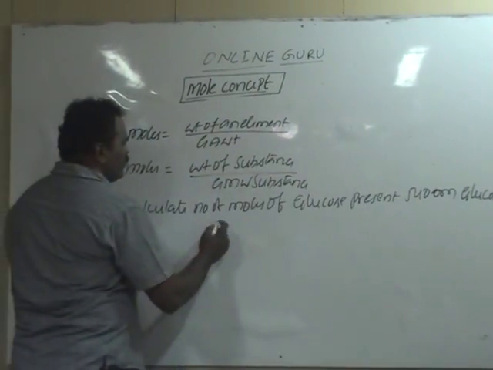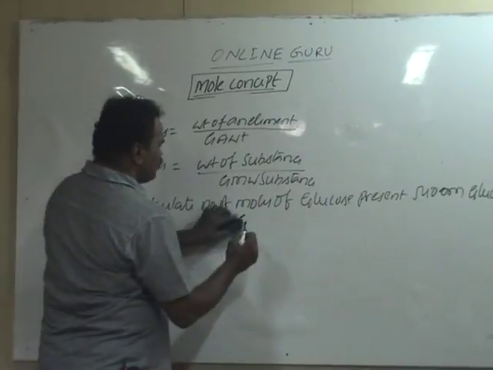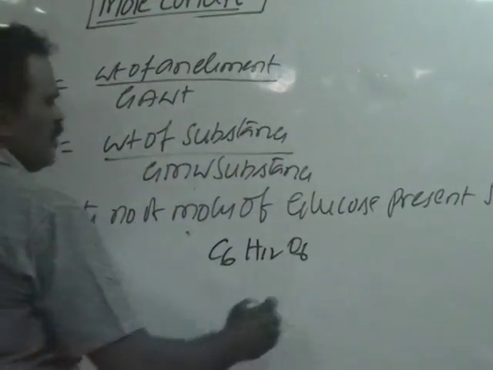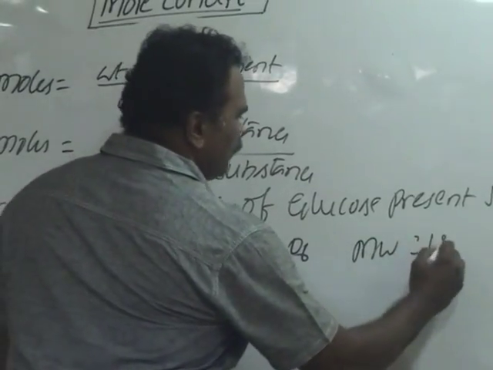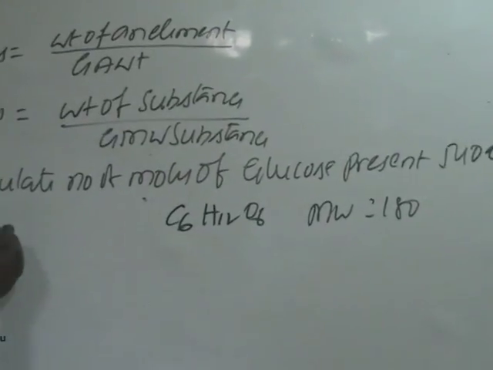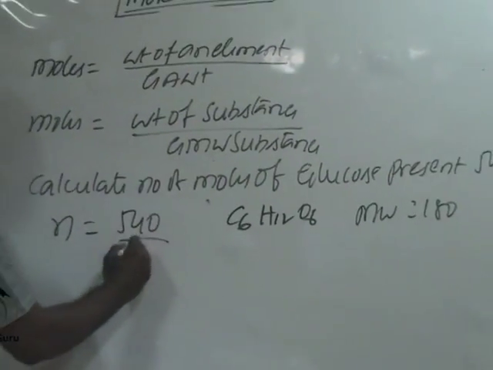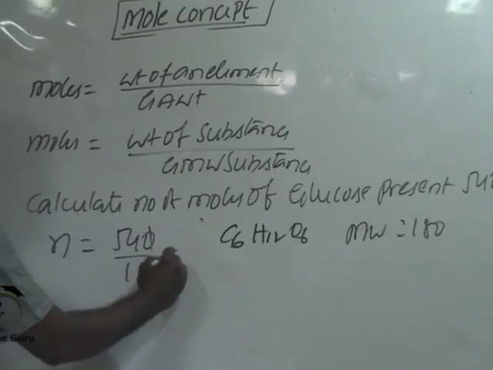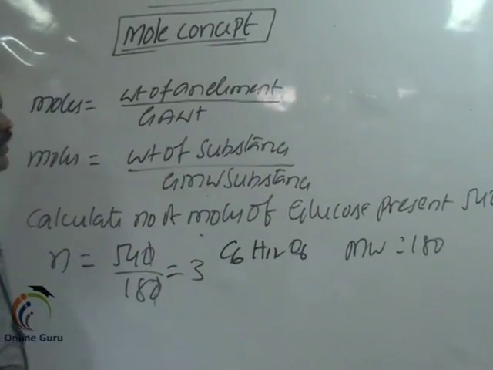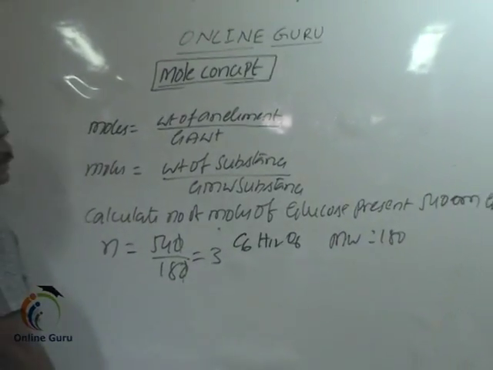The formula of glucose is C6H12O6, whose molecular weight is 180. So number of moles of glucose equals 540 divided by 180, and its value is 3. It means 540 grams of glucose contains 3 moles of glucose.